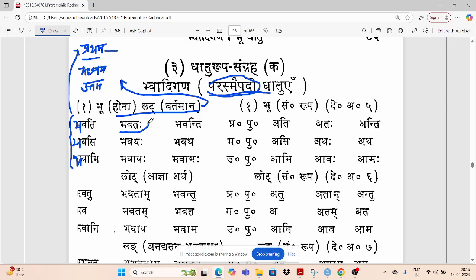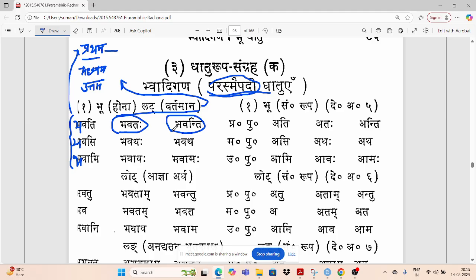Dvivachanam indicates something related to two people. Bahuvachanam of the kriya will represent something related to three or more people. If there are many Sachins, we will say Sachinah sukhinah bhavanti.